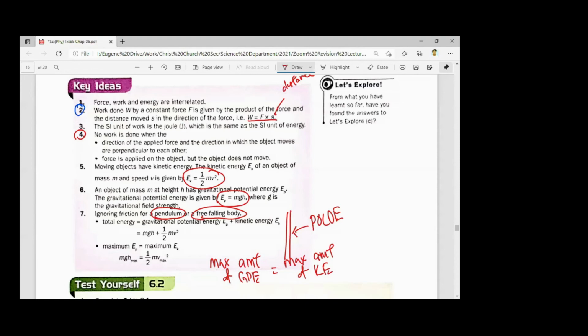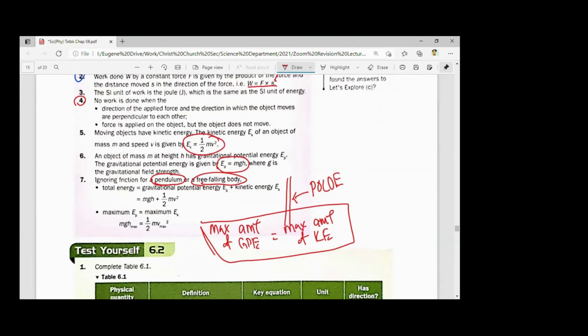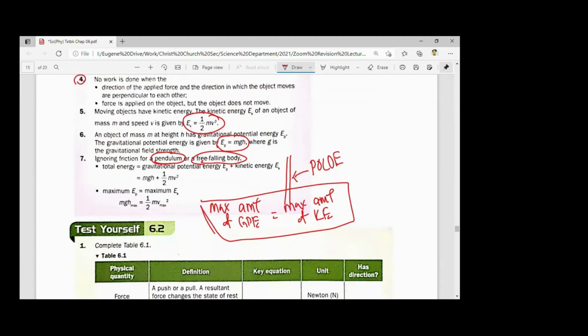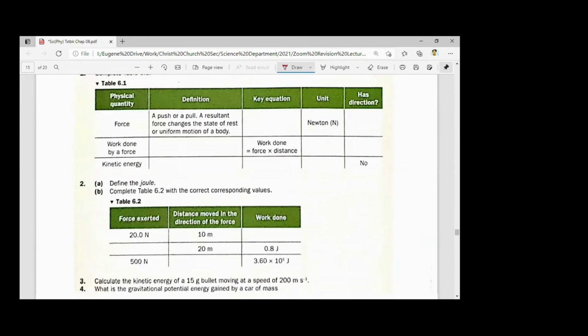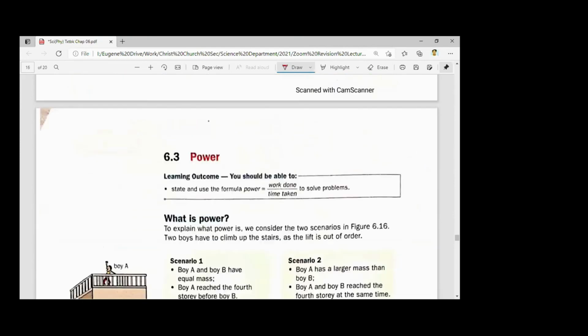Because of that conclusion, we can always equate that the maximum amount of GPE, when converted to KE, gives you the maximum of KE. So the maximum amount of GPE will be equal to the maximum amount of KE. Just take note of this. You will need to apply this in quite a few situations in your TYS also. Examples are all here, I think you can go through them.